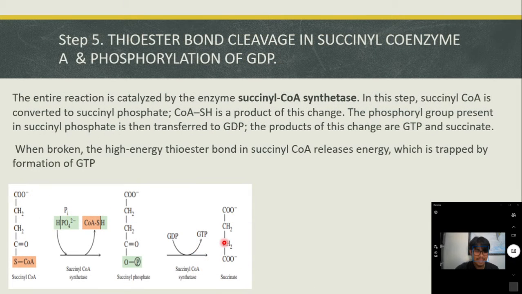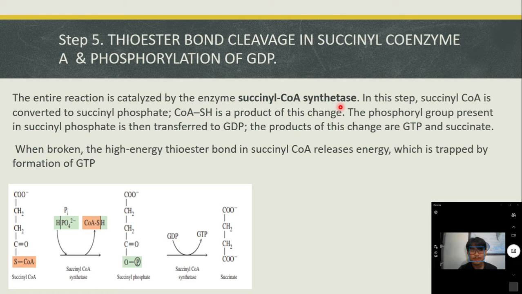In step 4, it is the thioester bond cleavage in succinyl coenzyme A and phosphorylation of GDP. The enzyme in step 5 is the succinyl CoA synthetase.